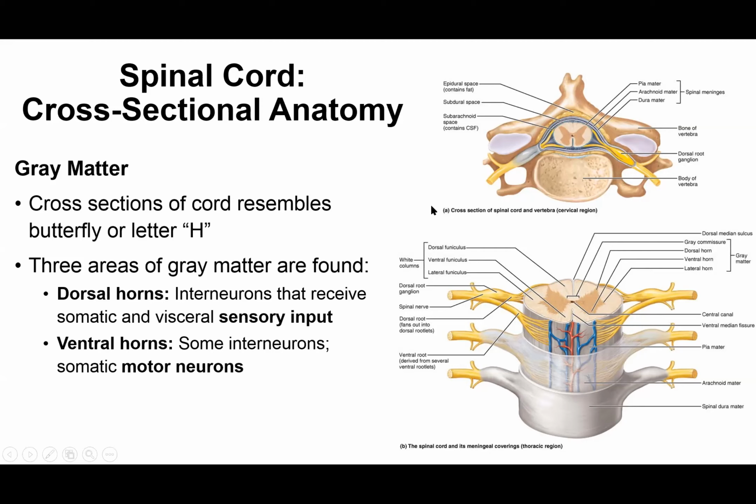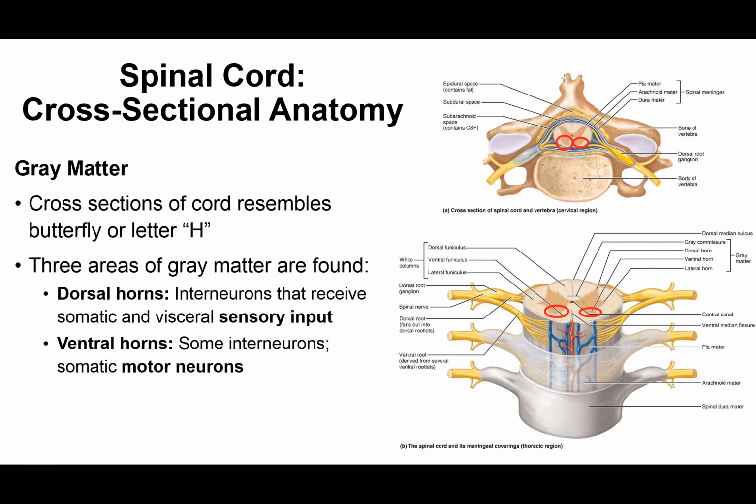And then we have the ventral horns, and the ventral horns also contain some interneurons, but they contain the somatic motor neurons. Okay, so just to spotlight those, here. And there. Okay, so this top picture is the cervical region of the spinal cord, and then this bottom picture is the thoracic region of the spinal cord.